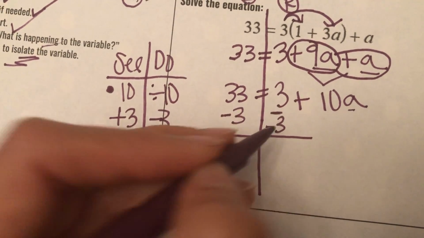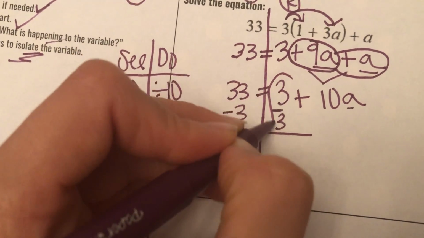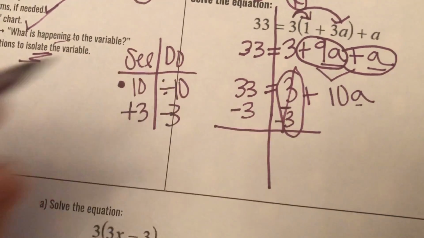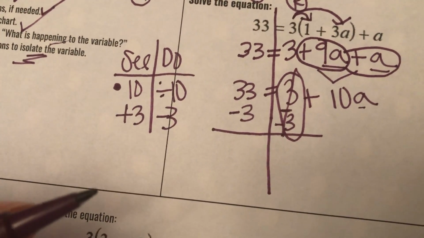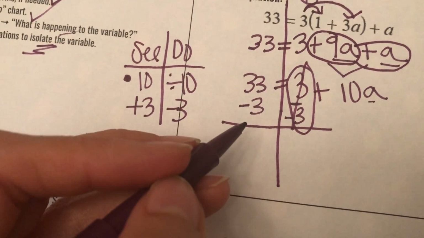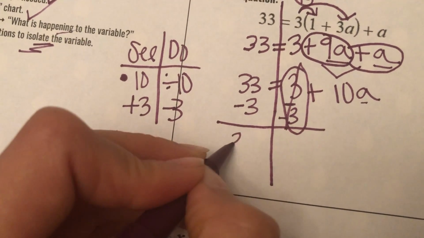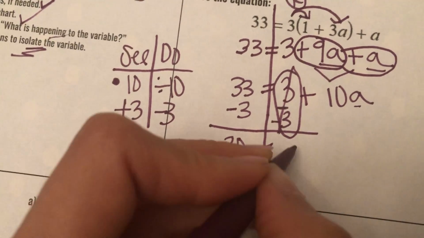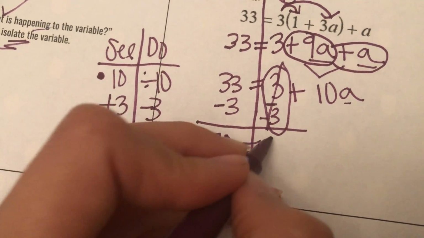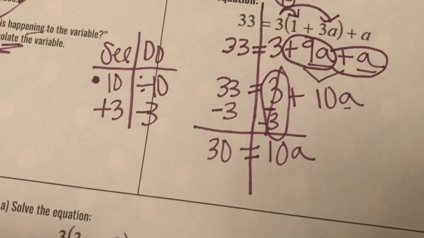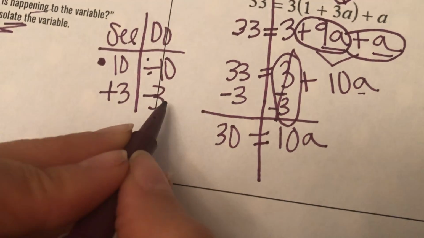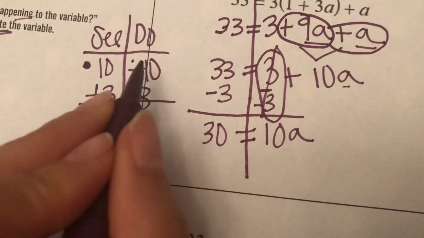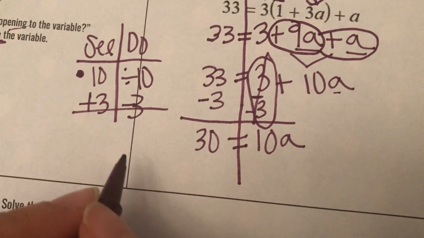I know that 3 minus 3 is 0, so I'm going to cancel that out to 0. I know that 33 minus 3 is 30, so I'm going to drop 30 down, drop my equal sign to be consistent, and I'll drop 10a on the right. Now I'm going to cross that out. I'm done with that. I can now do the see-do of the 10.